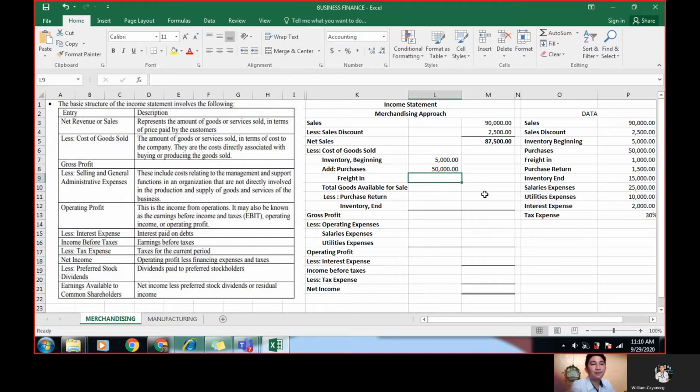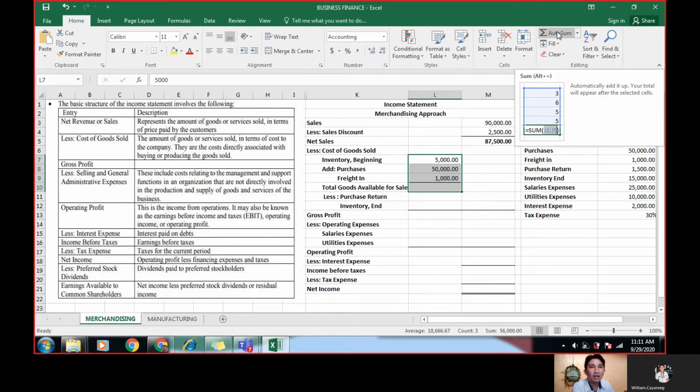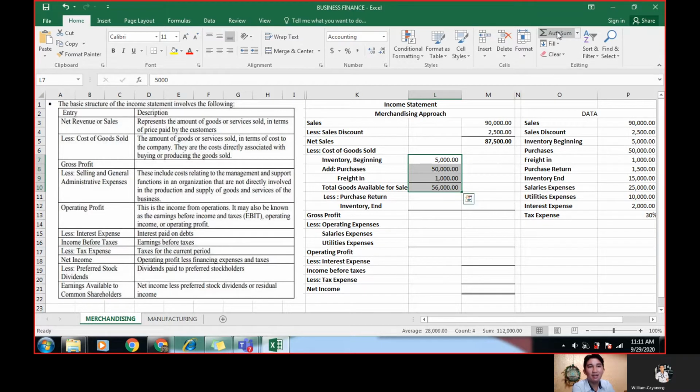Okay, so we will add freight in or the transportation cost. Usually, kapag meron tayong expenses regarding in purchasing our product, it is capitalizable. Okay, so add natin siya, itong tatlo, to get your cost of goods available for sale. Pwede natin siyang i-highlight lang yung apat, and leave another extra cell for the total. So just click this auto sum here, then you will get 56,000.